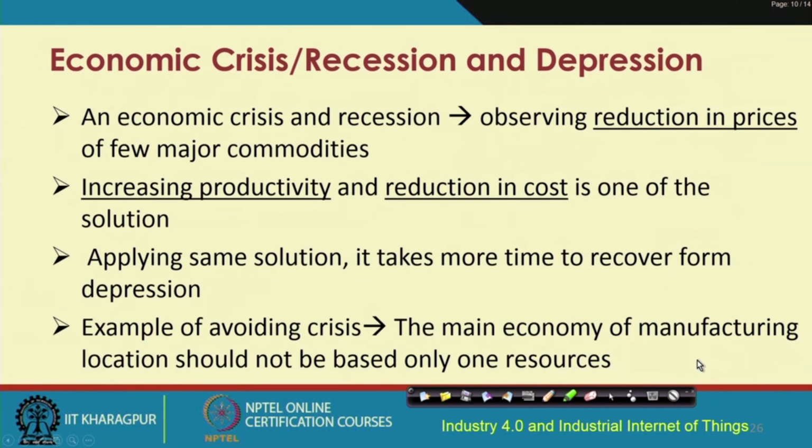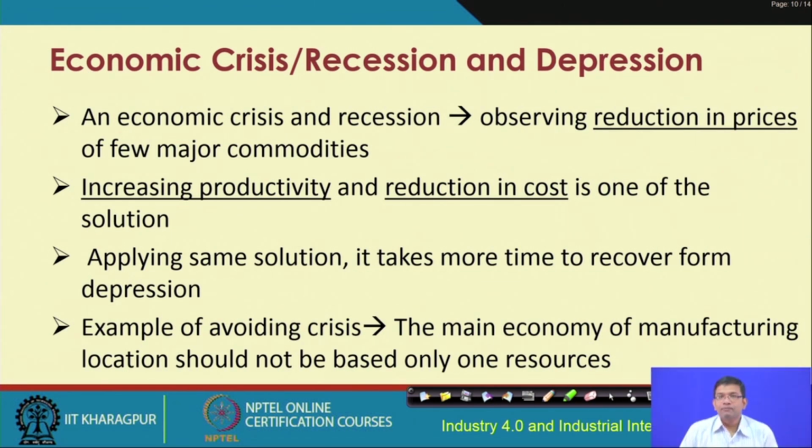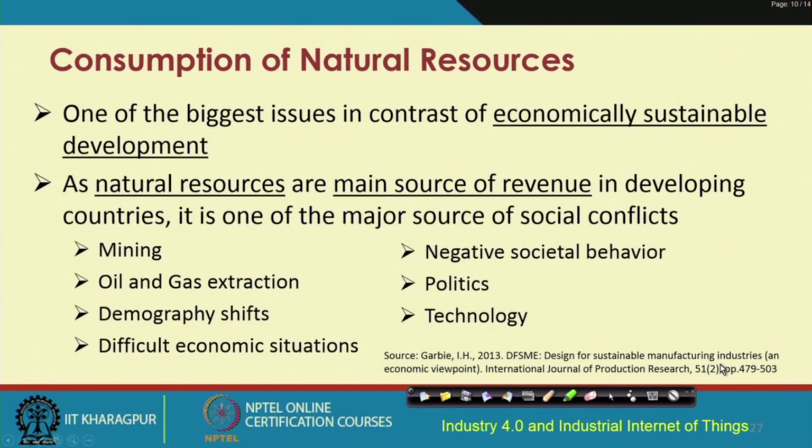If there is economic crisis or recession, then there would be reduction in prices of different major commodities, and what is important is to increase the productivity and reduce the overall cost. That becomes the solution in such a case. So, it is very important to ensure and avoid this kind of crisis and recession as much as possible.